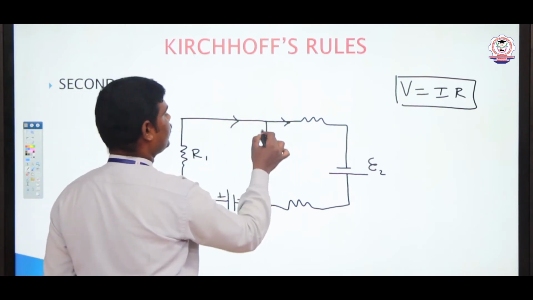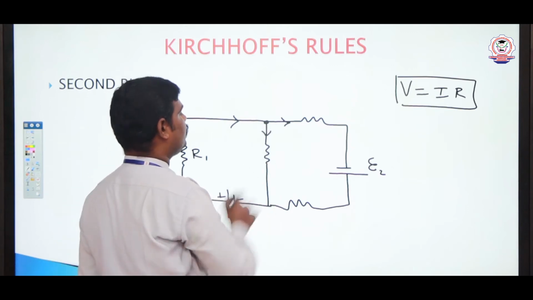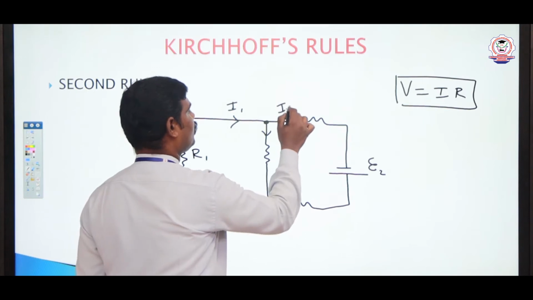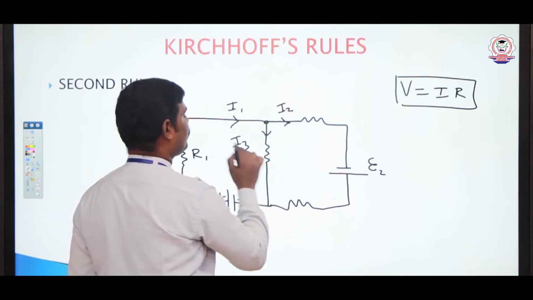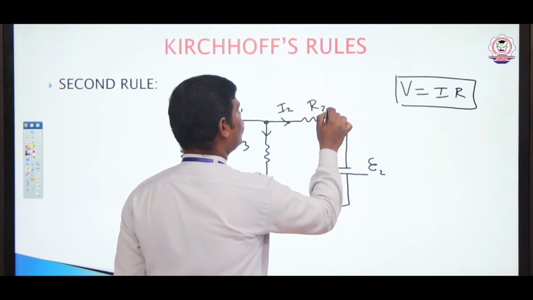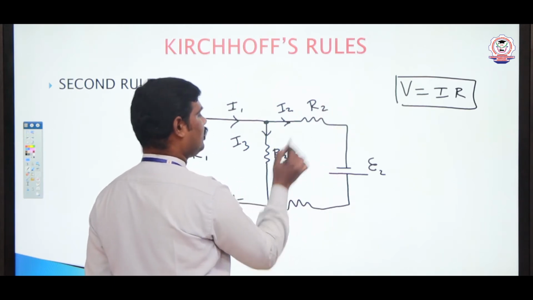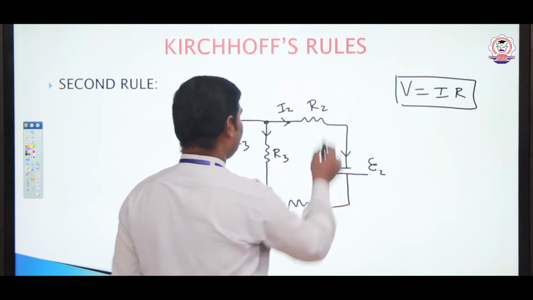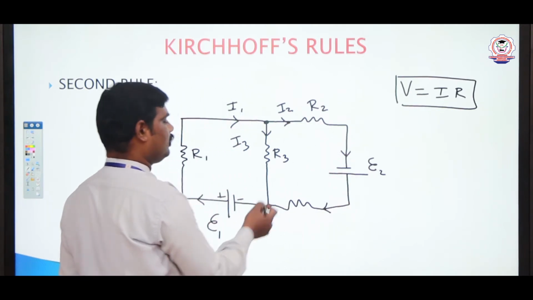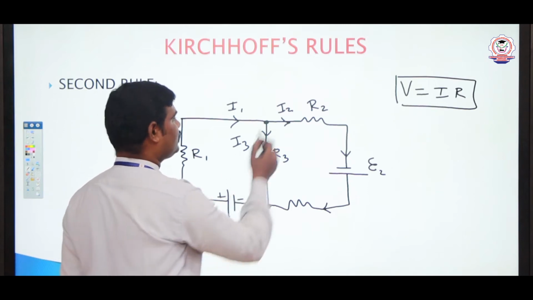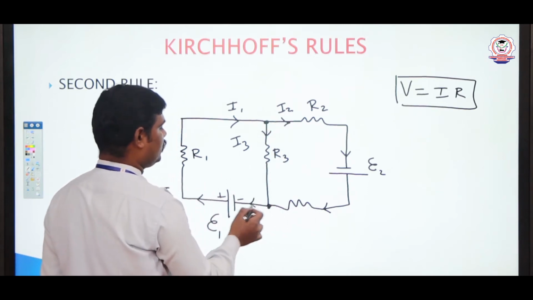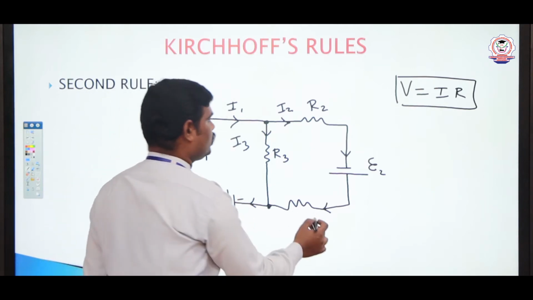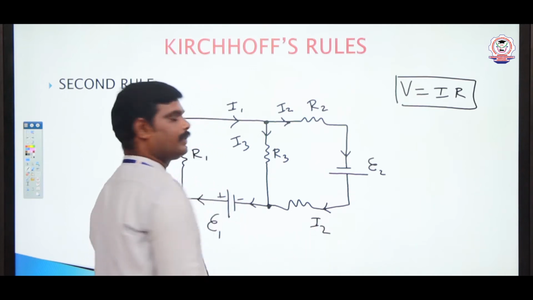This is one junction, right? So I1 will split into I2 and I3. This is resistance R2 and this is resistance R3. At the other junction, I3 and I2 meet again, so we get I1 again. The I1 is equal to I4. So here is the I2 current.